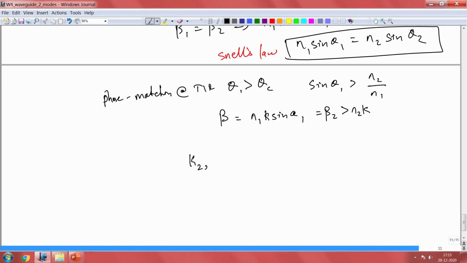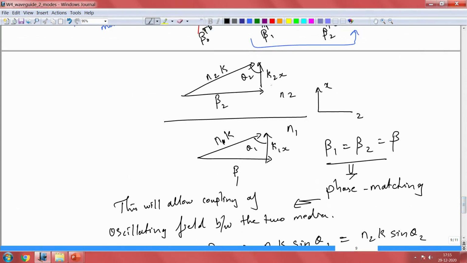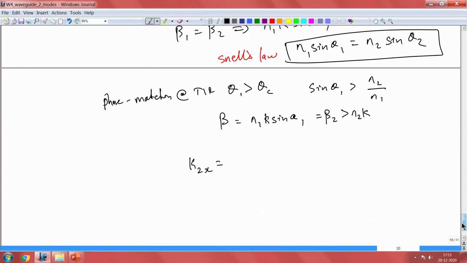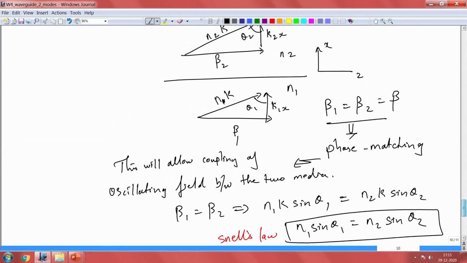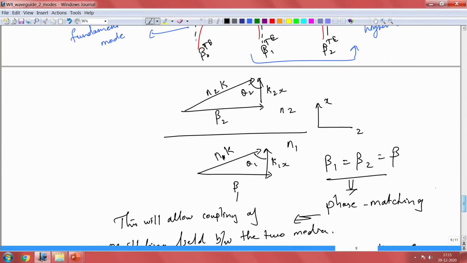So, there k2x is what we are looking at. It is what we already saw: n2 k the whole square minus n1 k sin theta 1 the whole square. So, this is beta, and this is n2 k. I did not do much here; you can go back and have a look at this.